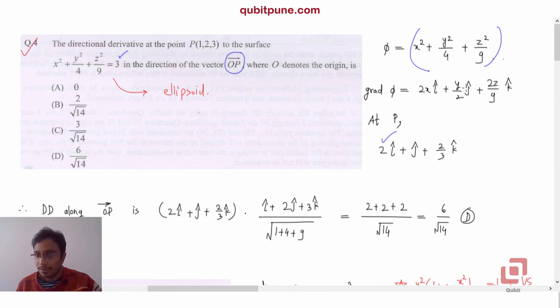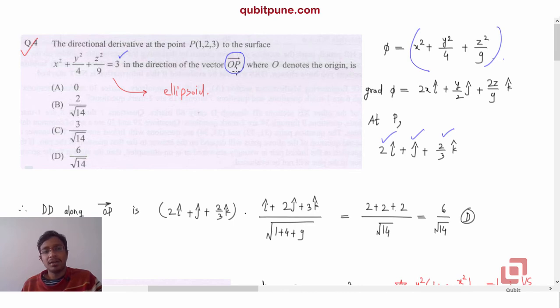Now y is equal to 2, so it's 2 by 2, so 1 j cap, plus 2z by 9 k cap. Now z is 3, so it is 6 upon 9 or 2 by 3 k cap. So this is basically the normal direction at P, but because this is not a sphere, it is an ellipsoid, it will not coincide with OP bar.